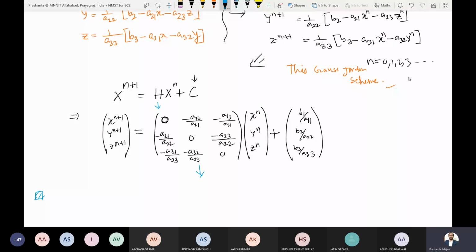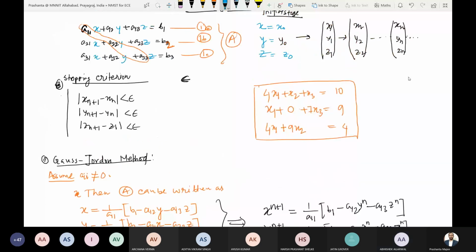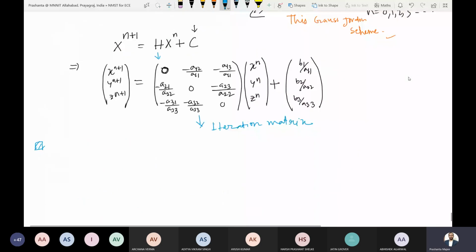This matrix is called the iteration matrix. And this matrix, A11, A12, and let me write down. From the system, if you write down the coefficients, what is the coefficient matrix from the given system?